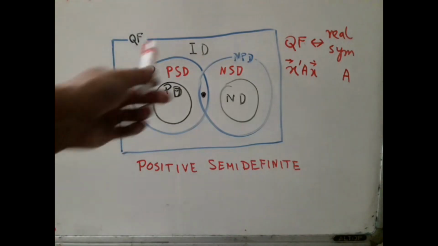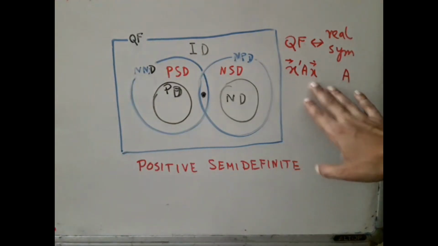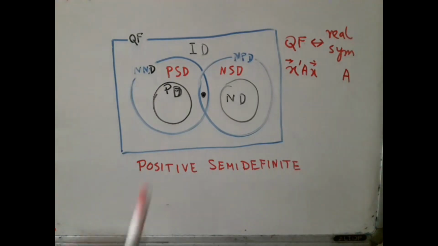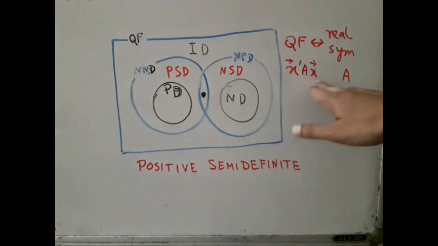Certain real symmetric matrices are non-negative definite, meaning that X prime AX is always greater than or equal to 0. Similarly, non-positive definite. Positive definite means X prime AX is strictly greater than 0 whenever X is non-zero, and similarly for the other things. So all these things may now be used for real symmetric matrices, and we often talk about a real symmetric matrix being positive definite, positive semi-definite, or negative semi-definite.